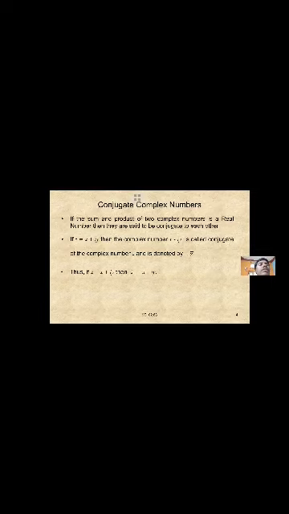Thus, if z equals x plus iy, then z bar equals x minus iy. Note: two complex numbers which differ in the sign of their imaginary parts only are called conjugate complex numbers.